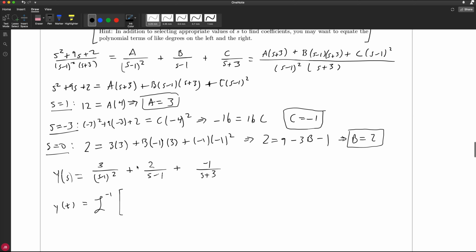And now you can just split up at these plus signs here, right? So it's the Laplace inverse of 3 over s minus 1 quantity squared, plus Laplace inverse of 2 over s minus 1. And that minus can factor out, so it's minus Laplace inverse of 1 over s plus 3.